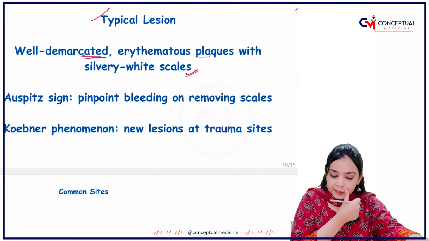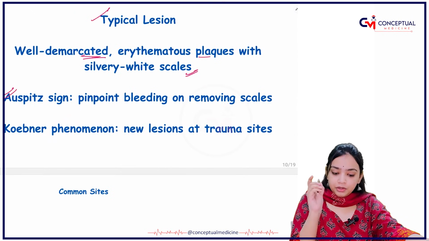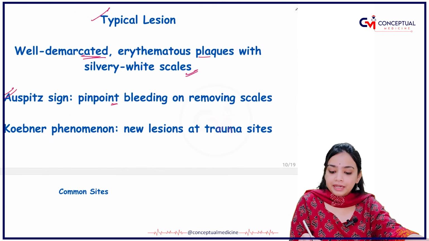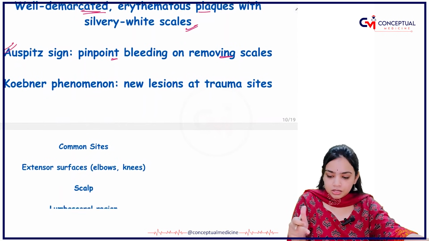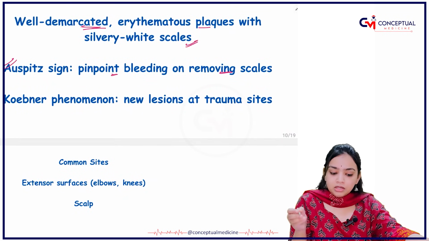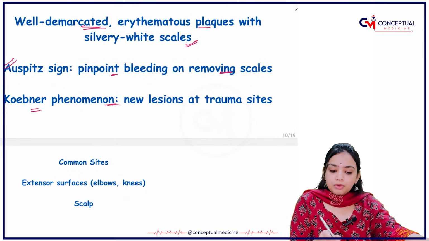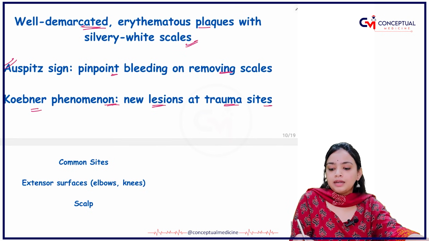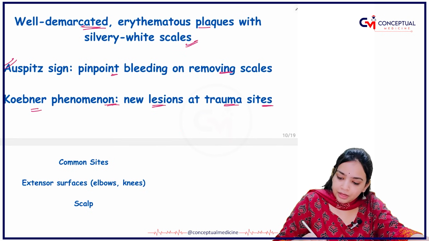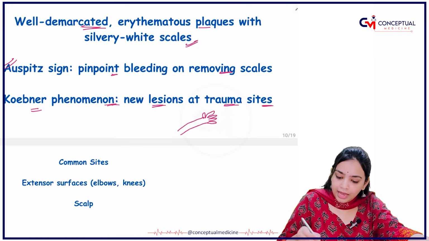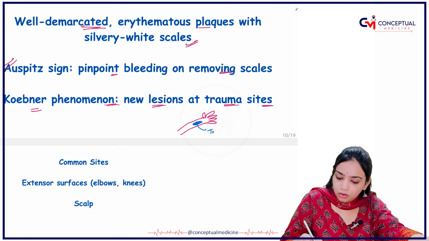Okay. Next thing is the Auspitz sign that you need to remember. It is the pinpoint bleeding on removing the scales. Then you have something called the Koebner phenomenon. What happens in Koebner phenomenon? There are new lesions at the trauma site. See, if these are my hands and over here is my trauma site.